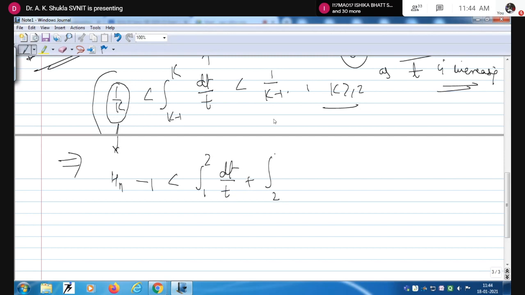Now from 2 to 3, dt upon t, then from 3 to 4, dt upon t.